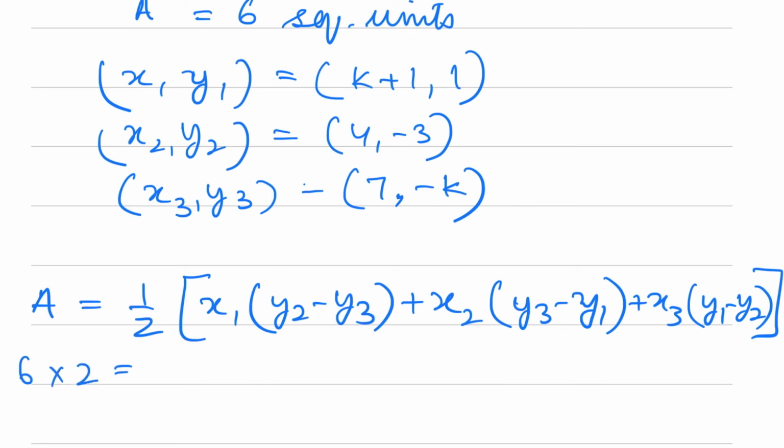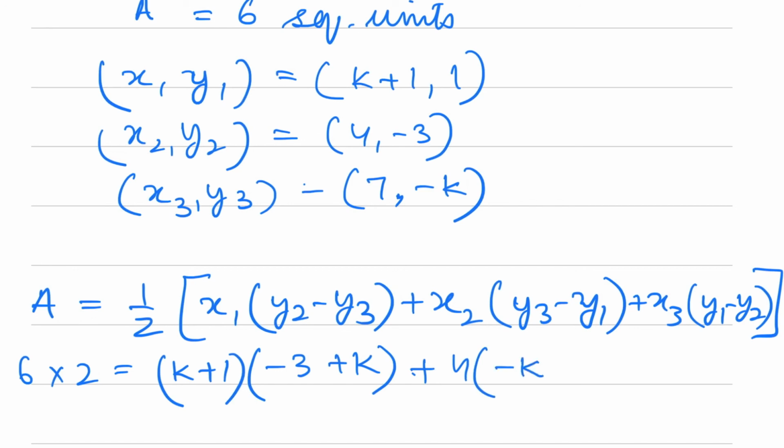Now I can substitute the values for the coordinates. So x1 is k plus 1 into y2 is minus 3, y3 is k, plus x2 is 4 and y3 minus y1 is k minus 1, plus 7, y1 minus y2 is 1 plus 3.